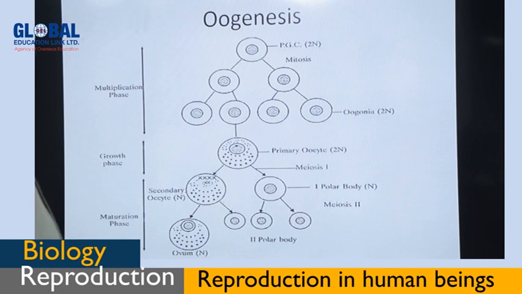The second phase is the meiotic division, in which the primary oocyte undergoes meiosis 1 to produce the secondary oocyte and the first polar body. These are non-functional because they have a small proportion of cytoplasm and lack the other necessary structures that will make them functional.